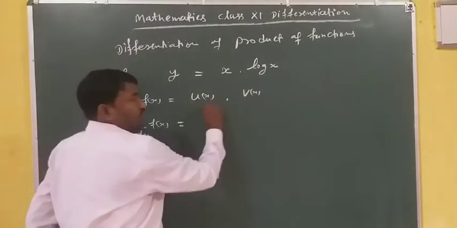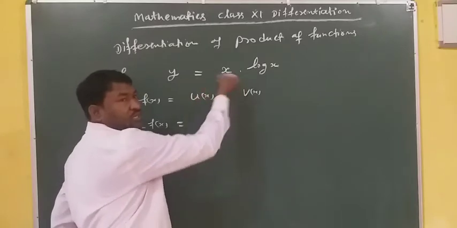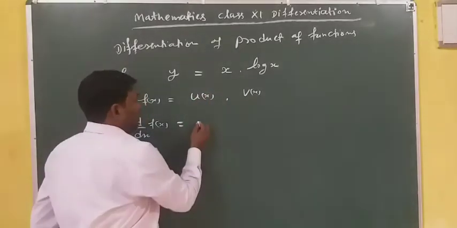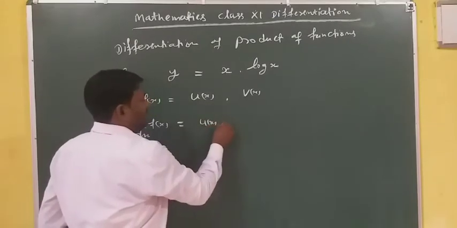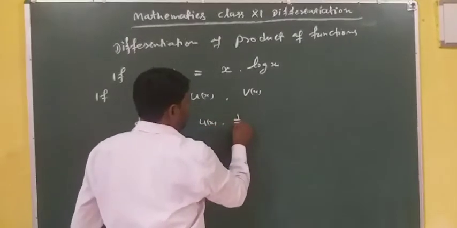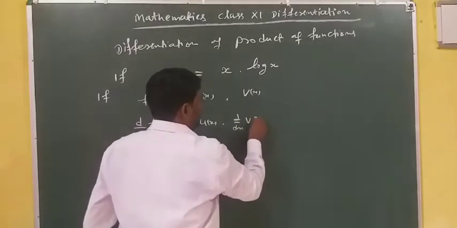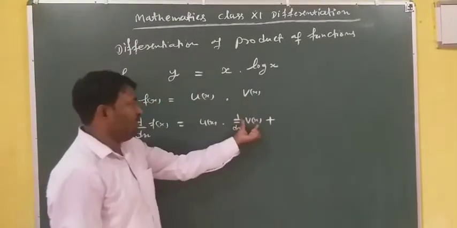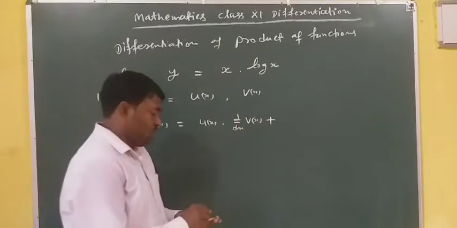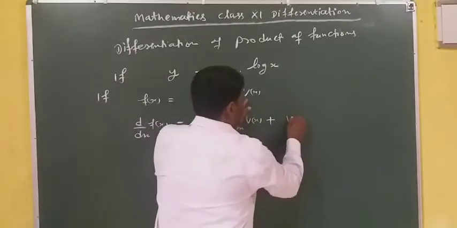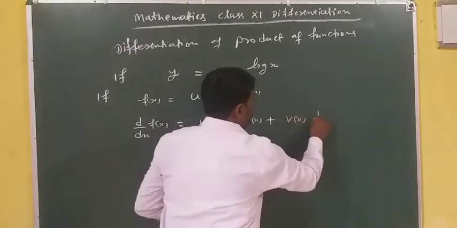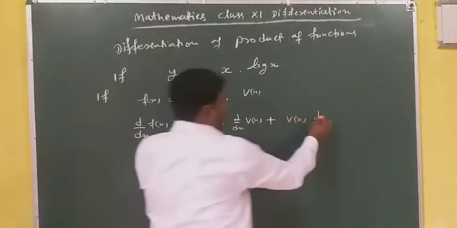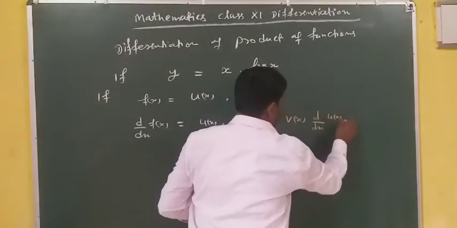You can take any one of them as first and the other as second. So suppose the first function, differentiation of this one, d by dx of v(x), plus, now since you have already differentiated this v(x), this v(x) without differentiation, and d by dx of u(x).